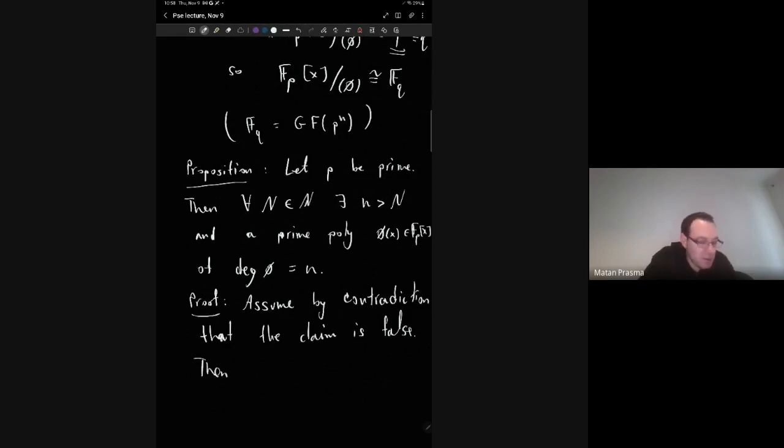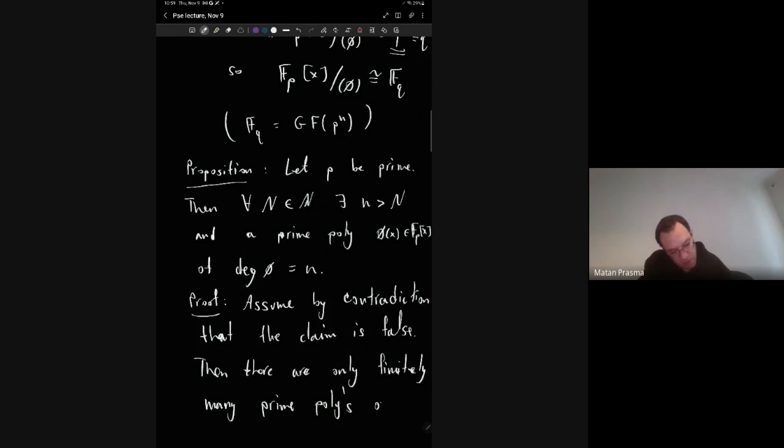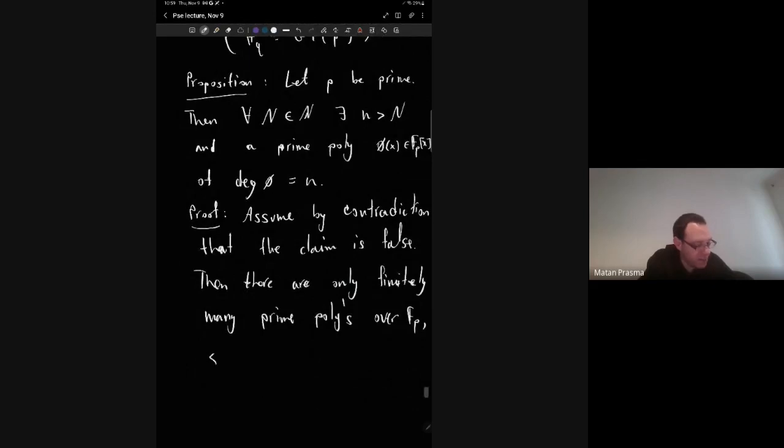If the claim is false, it means that there are only finitely many prime polynomials over Fp. And let's enumerate them.